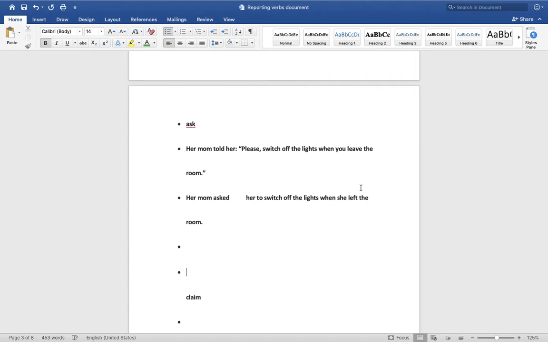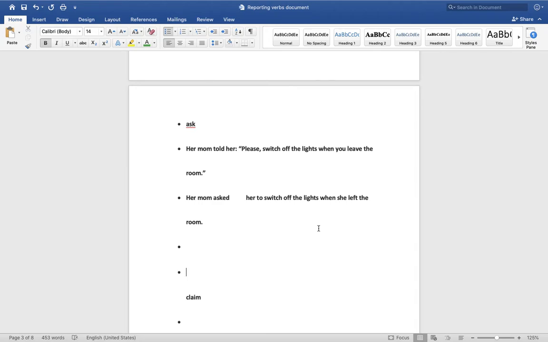Que no se ve directamente afectado por el reporting verb, habrá que hacer los cambios pertinentes igual que en una oración de reported speech normal, de las que hemos dicho antes, de que si esto es presente, pasado, si fuese presente continuo, pasado continuo, and so on and so forth, right? So bear in mind, you will have to still change some verbs following the rules. Sometimes you will need to change time and place adverbs, as you saw in the other document, okay?